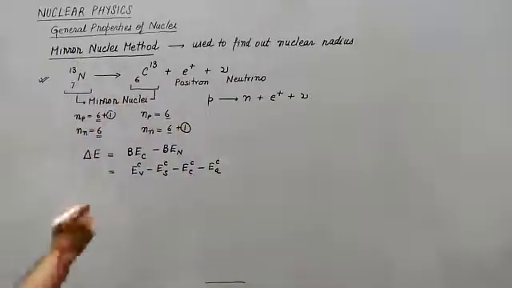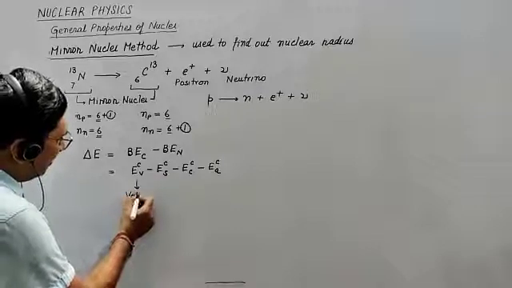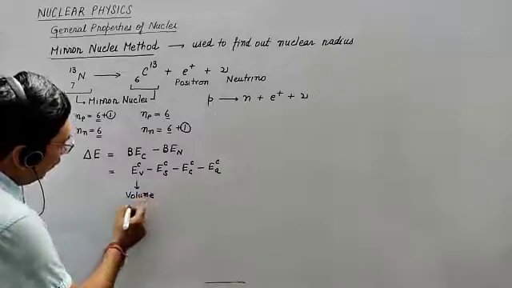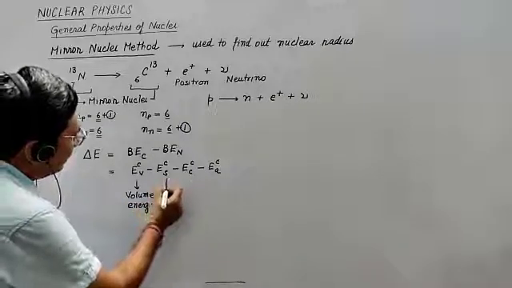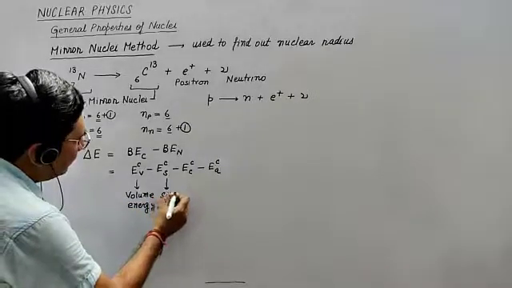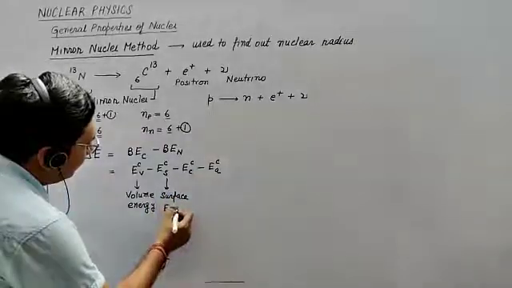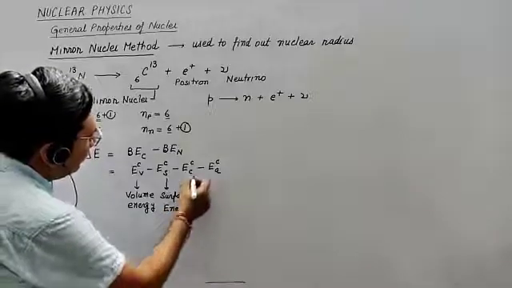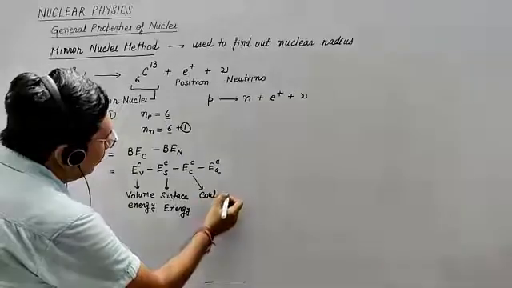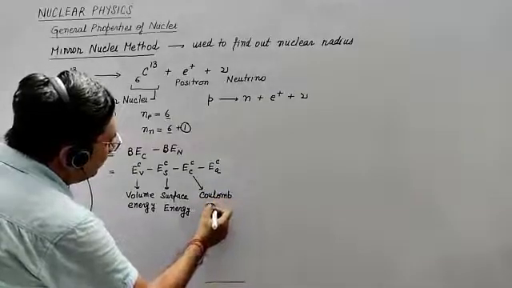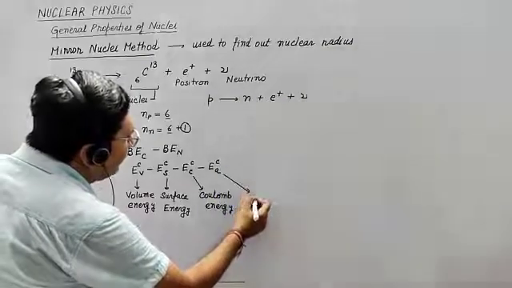So basically there will be 4 terms here. This is known as volume energy, this is known as surface energy, this is known as Coulomb energy, and this is known as asymmetry energy.